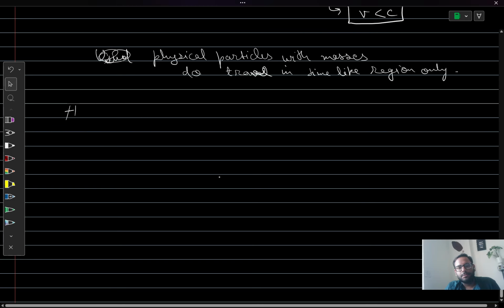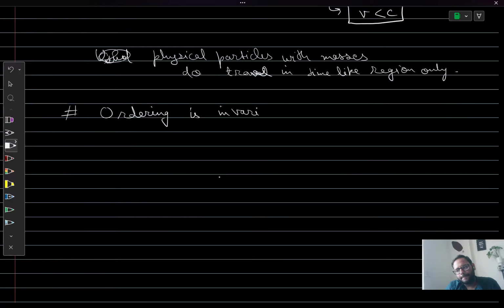One thing also: ordering is invariant in the time-like region.